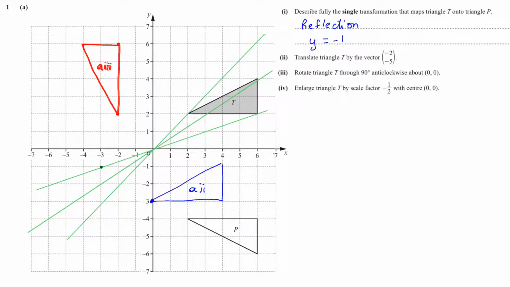From the vertex, the center is away by 1, 2, 3, 4, 5, 6 units. So 6 times half is 3. We'll move 3 here and we will get a point here. And then you can just join it together like this. So this is your part 4.